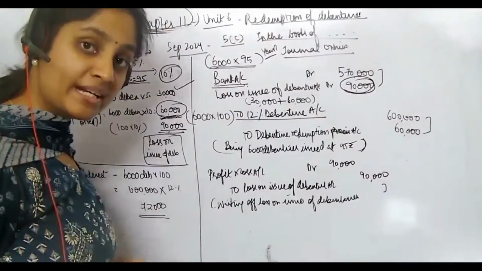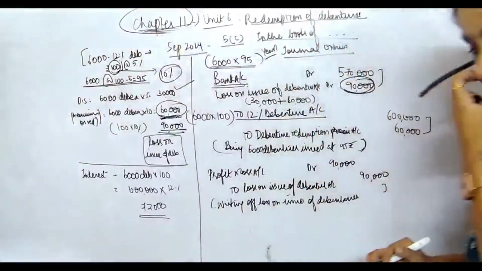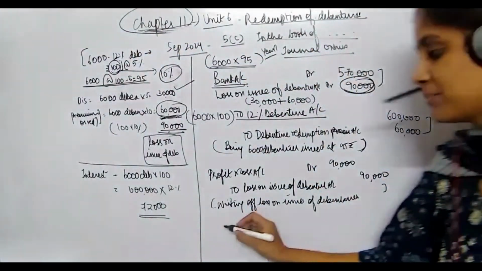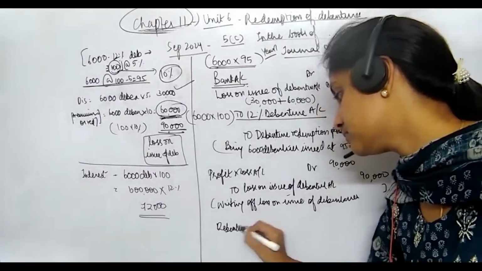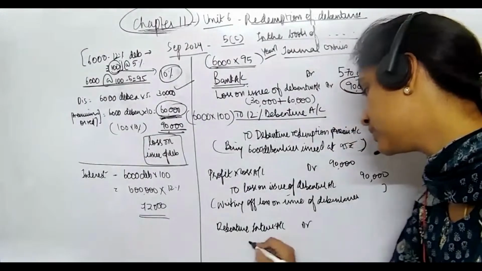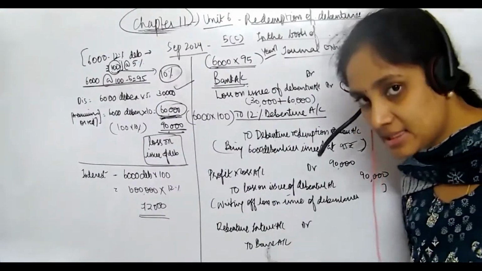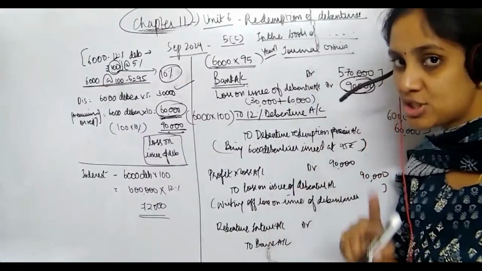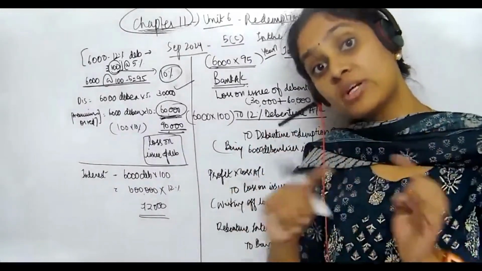So what is the interest I am going to pay at the end of the first year? 72,000. So what is the entry I have to pass? Simple entry. Debenture interest account debit to the bank. See, my dear students, when we were passing the debenture interest entries in the textbook, we did debenture interest account debit to debenture holders, to TDS.